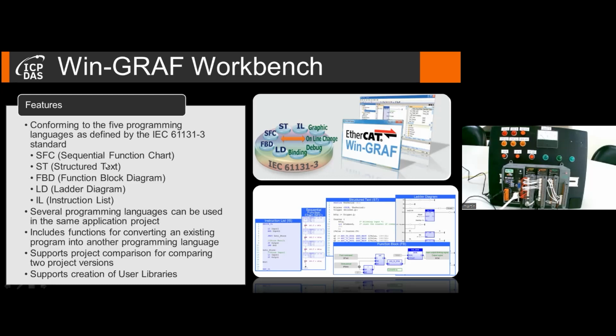In addition, the Workbench supports several programming languages in the same application project. So you can use several programming languages in the same application. And in addition, the Workbench provides a function for converting an existing program into another programming language. And it also supports a function for comparing different projects and allows the user to create their own user library.